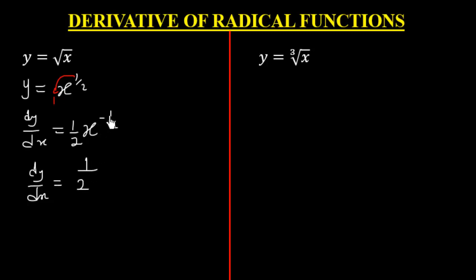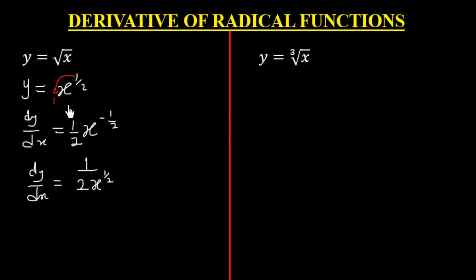Now we want to make the exponent of x positive, so we are going to move from top to the bottom. Because it has moved from top to bottom, the exponent negative half will change to positive half.